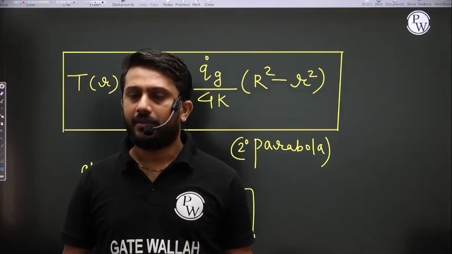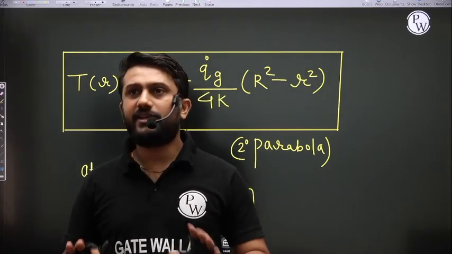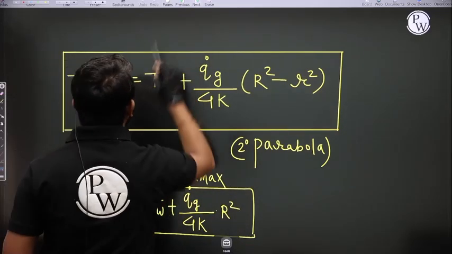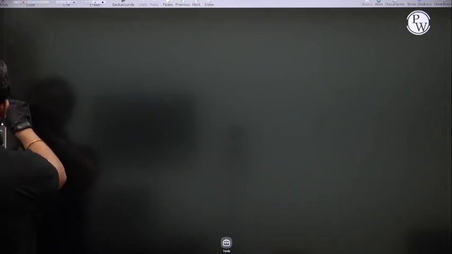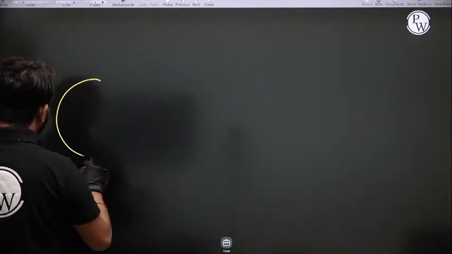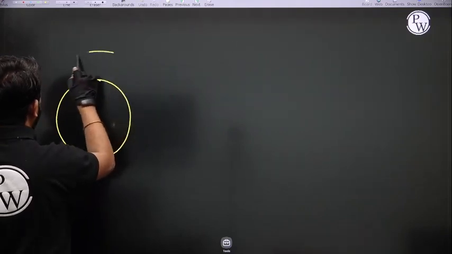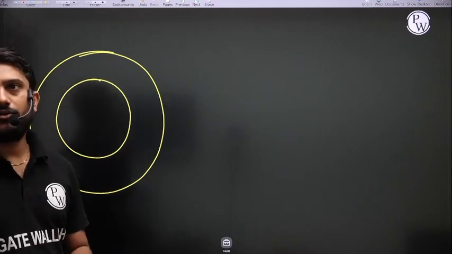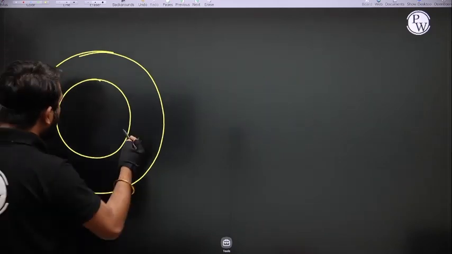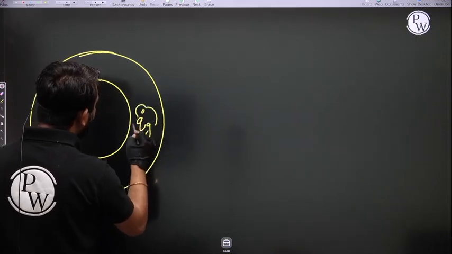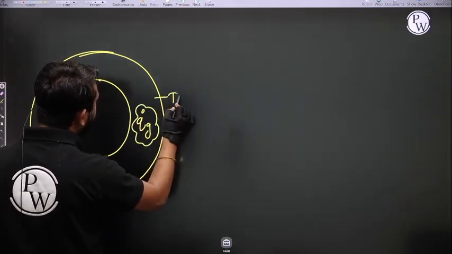Is it fine? And let us assume there is a hollow cylinder with uniform internal heat generation. So I roughly draw it now. This is the hollow cylinder, and in this hollow cylinder uniform heat generation is there. Here the temperature, let us assume, is T1.